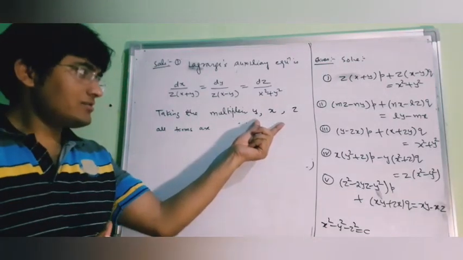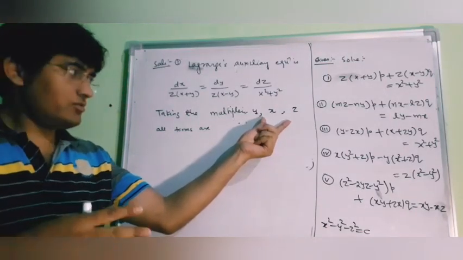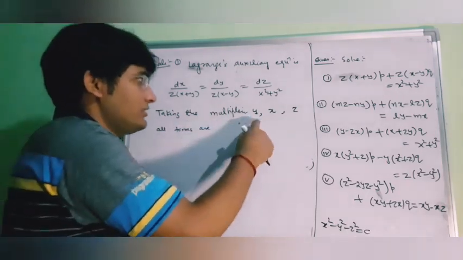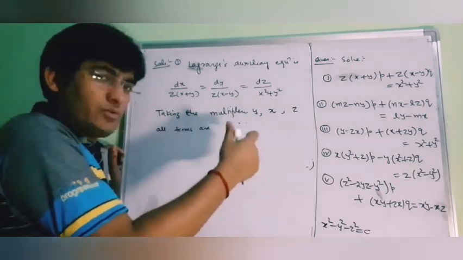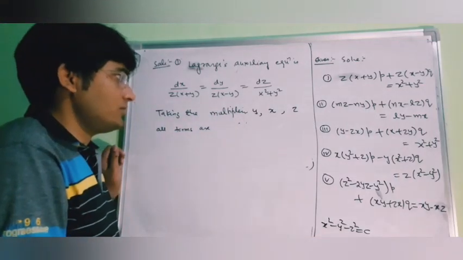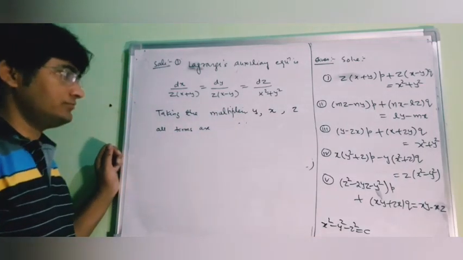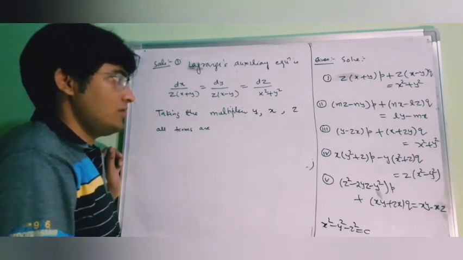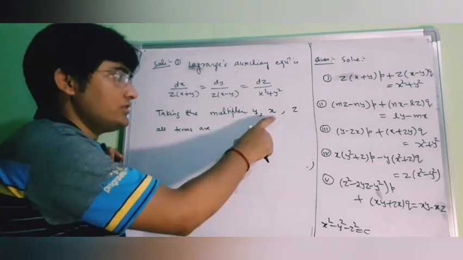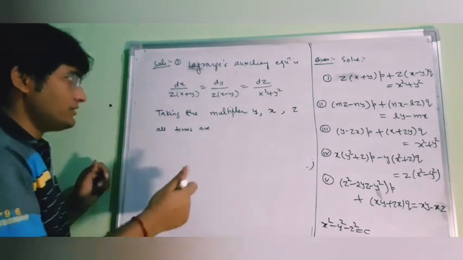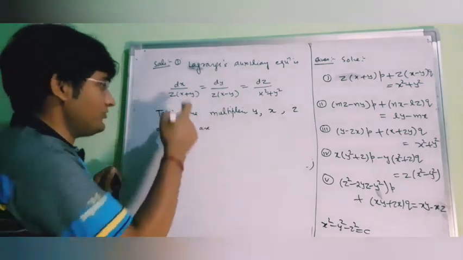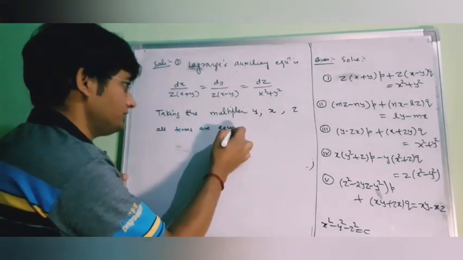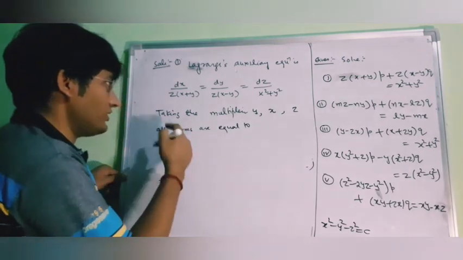I have just guessed these values, and I am not sure whether these are correct or not. So let us see. If you multiply the first term by y, now let us see what happens.